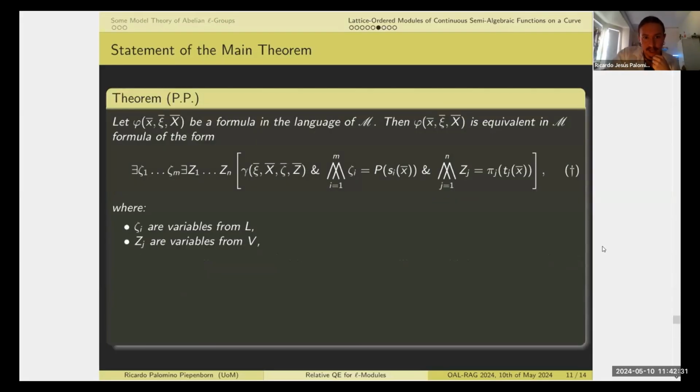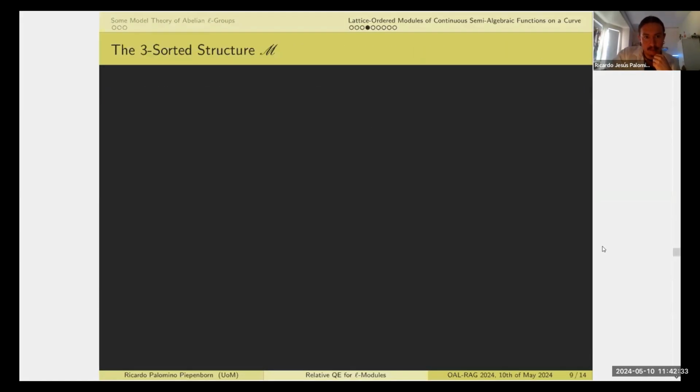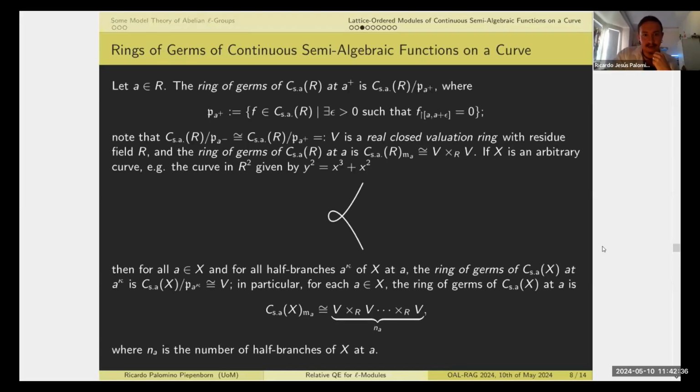So in particular, let me just go back to this slide over here. The ring of germs at a single point, whenever you're working on a two-dimensional semi-algebraic set, and let's say that this is not an isolated point, so we're not doing anything stupid, then this ring of germs at a point doesn't have anymore this nice description as a finite fiber product of real closed valuation rings.